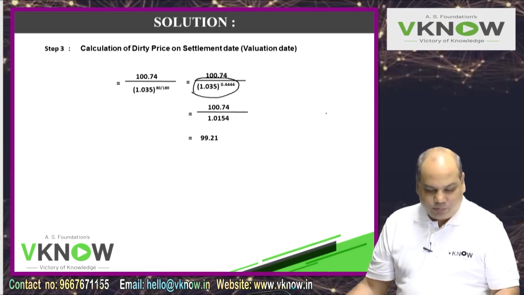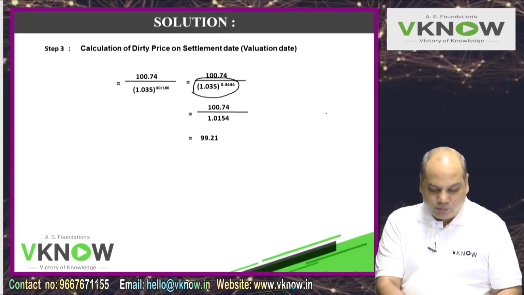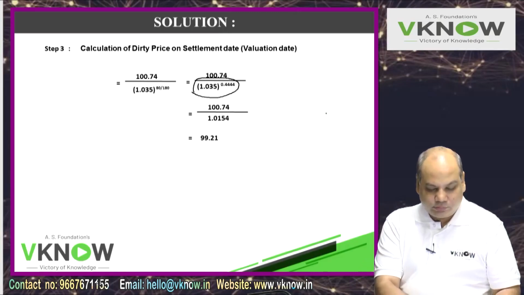So type 1.035 on your calculator, press square root 12 times, minus 1, into 0.444444 plus 1, then multiply equal to 12 times.